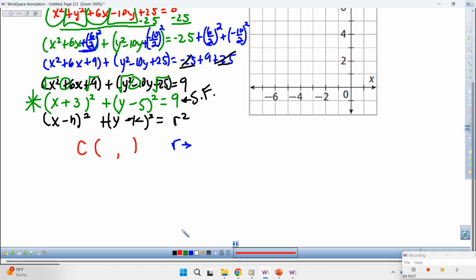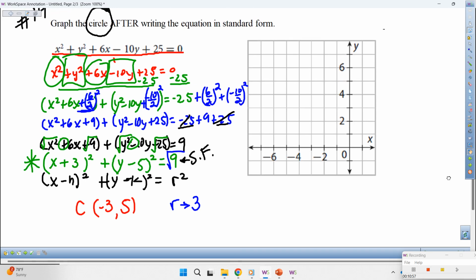Elijah, what'd you get? Negative 3 and 5. That is correct. And what is our radius, everyone? 3, not 9. You need to take the square root of the 9 to get the radius.